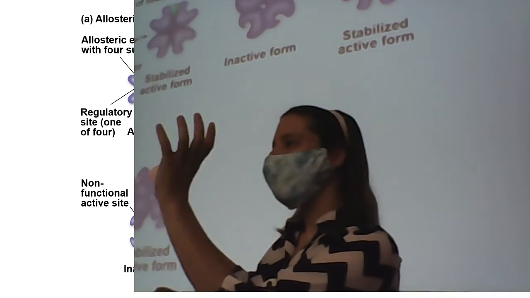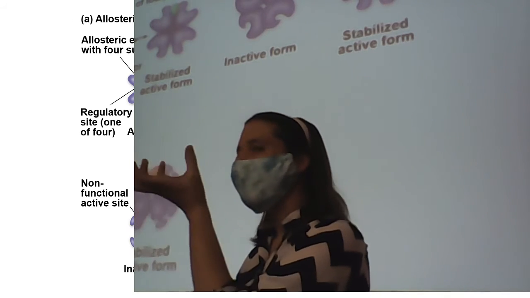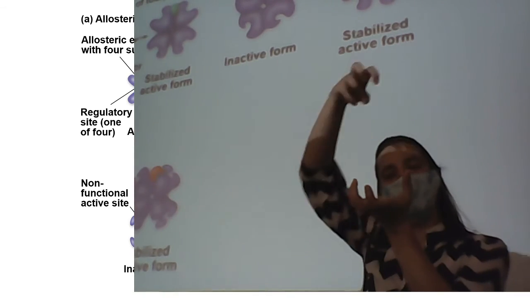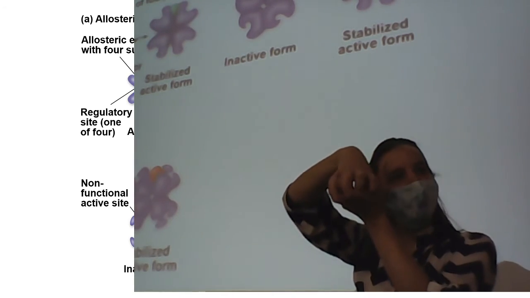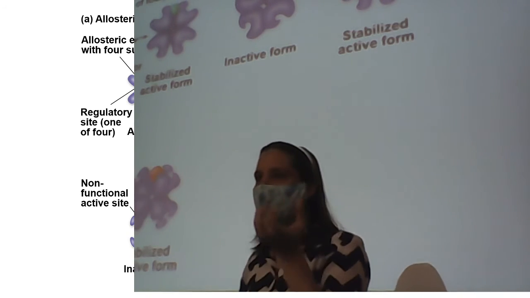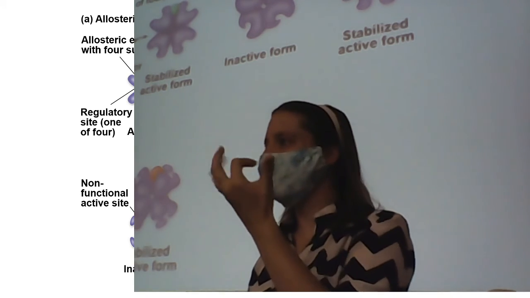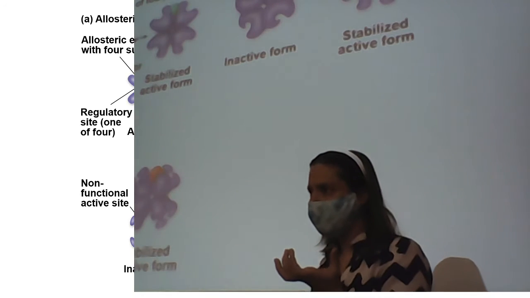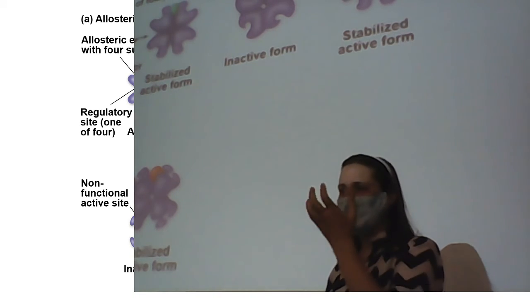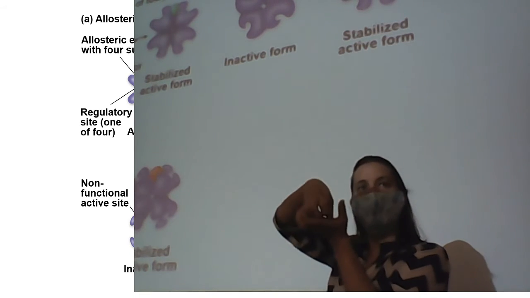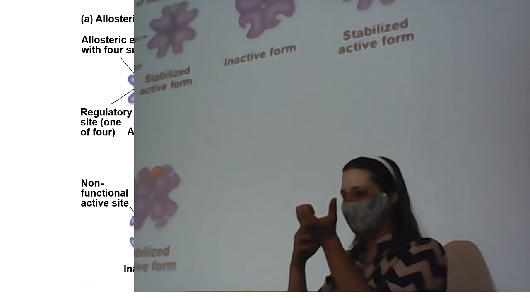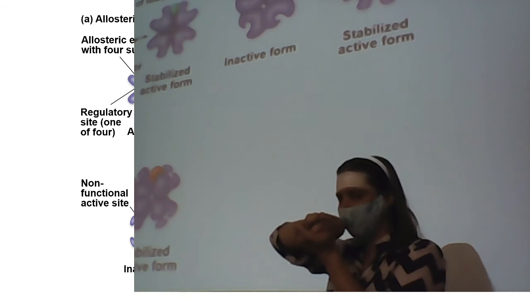Enzymes have this active site, right? And the active site needs to be in a certain shape for the substrate to come and attach properly, right? But enzymes are proteins and they can be in different shapes, right? So most enzymes should have an active state that the substrate can fit, and an inactive shape that doesn't fit quite right.